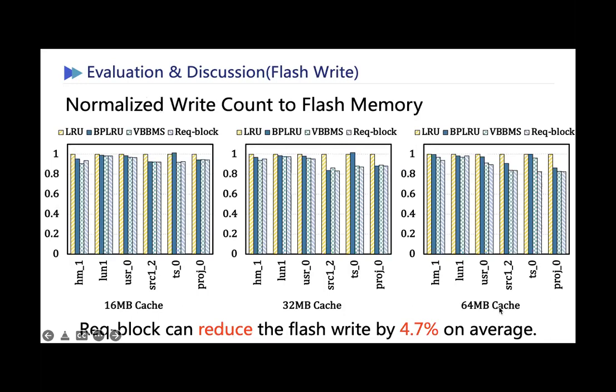So we recorded the write count after running the selected benchmarks using different cache management schemes. As reported in the figure, IEQ block causes the least number of write counts in most traces. More exactly, IEQ block can reduce the flash writes by 4.7% on average.